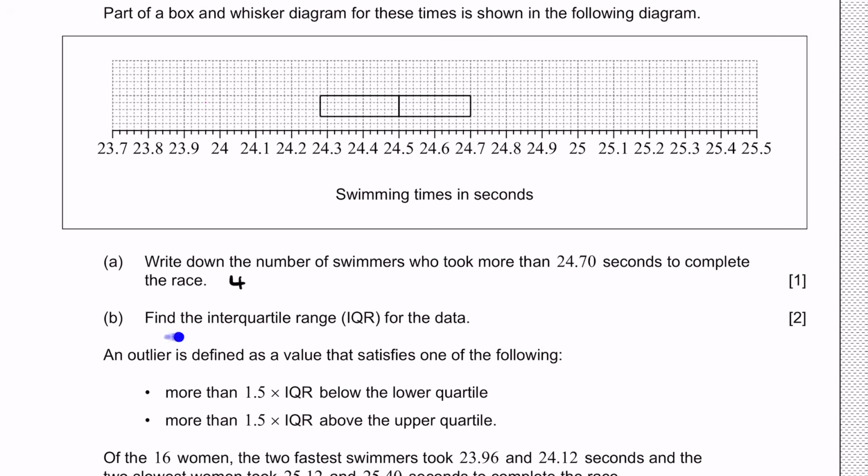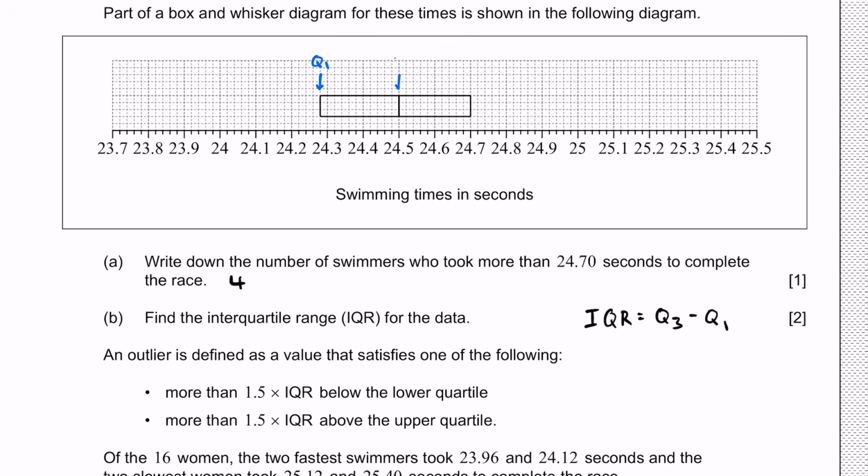Part B, find the interquartile range, the IQR, for the data. This is a 2-mark question. So the IQR is actually given to us in the formula booklet, and it is given by Q3 minus Q1. Let's mark those values on this box and whisker plot here. This is Q1.